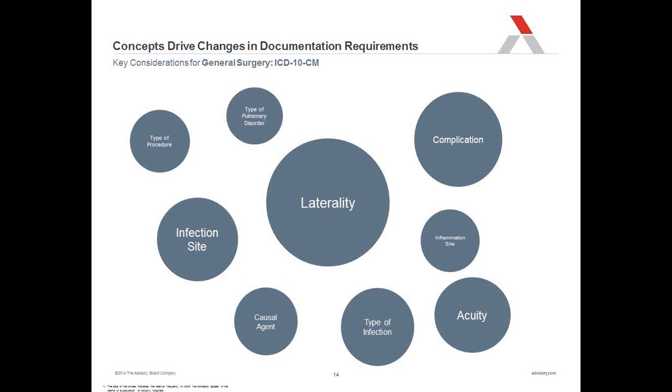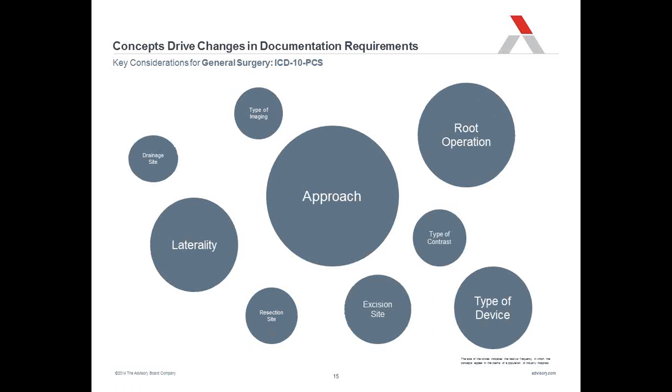Complications, acuity, infection sites, type of infection, causal agent, these are all concepts that if you keep in mind with your documentation moving forward, you will be very well prepared for ICD-10 diagnosis code or ICD-10-CM. Similar concept happens in terms of ICD-10 PCS or the procedural coding set. And you can see here that the approach is probably by far and away the largest new concept that we can capture.